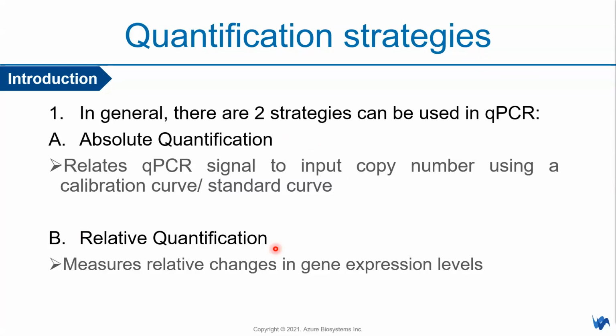Second is relative quantification. This is where we have more than one group or more than one gene involved. We measure the relative changes in gene expression level.